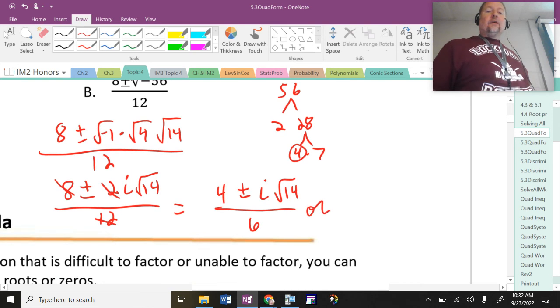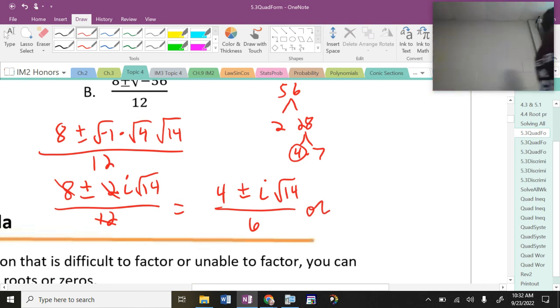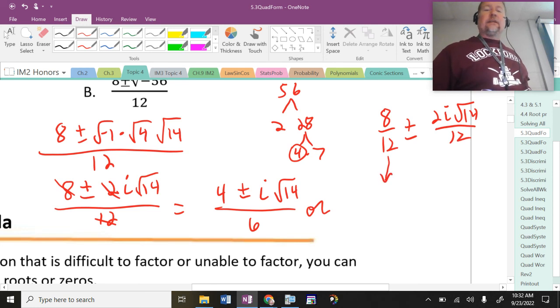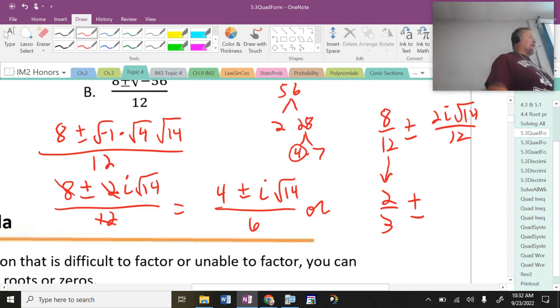Or this could be rewritten like this. This is legal, and this is actually a correct answer. You could split this up into 2 separate fractions. So I could do this: 8 over 12 plus or minus 2i root 14 over 12, and then individually reduce these. 8 over 12 is actually 2 over 3, but then a big fat plus minus in between these 2 fractions.